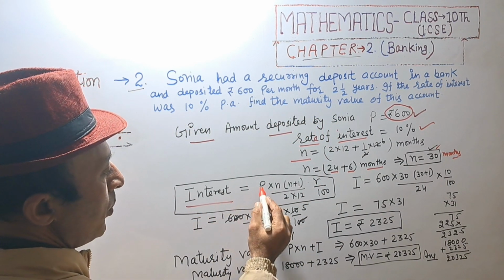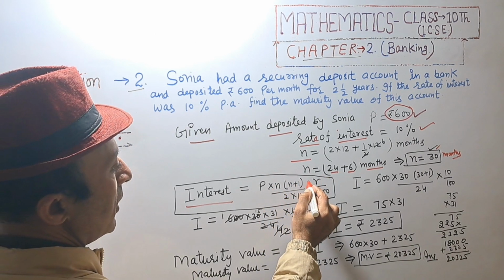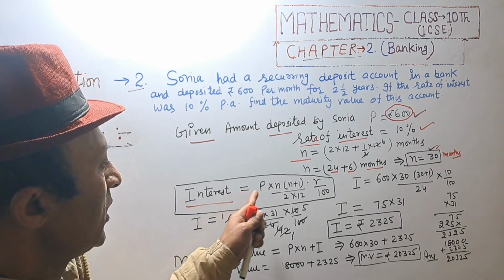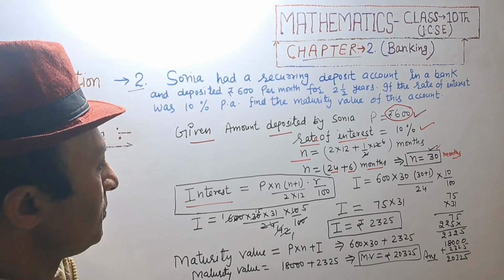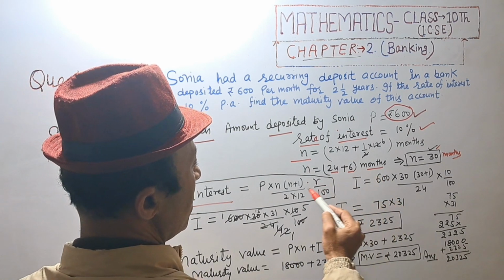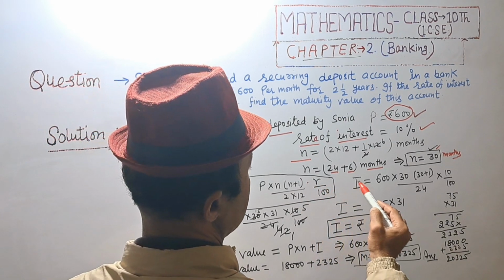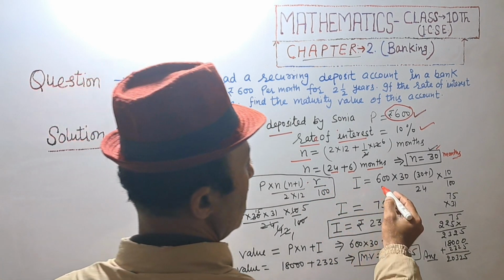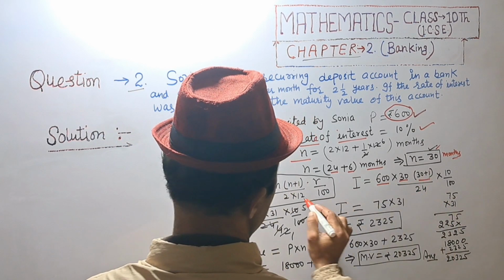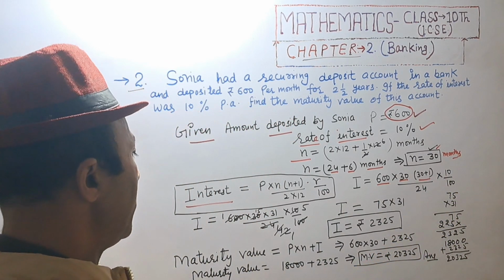Formula of interest is equal to P into N, N plus 1 upon 2 into 12, multiplied by R upon 100. P is 600, N is 30, 30 plus 1 upon 12 twos are 24, multiplied by 10 upon 100.